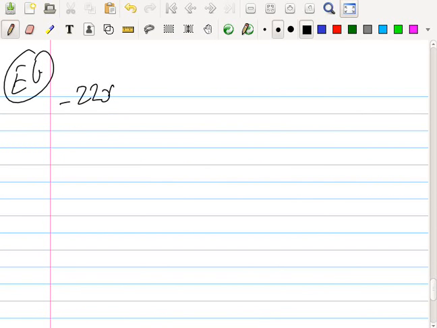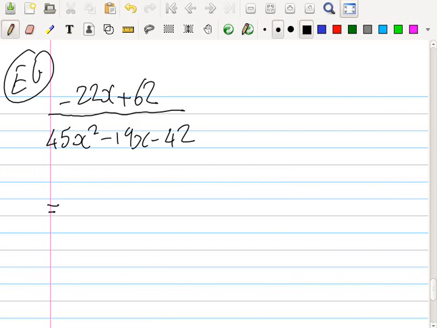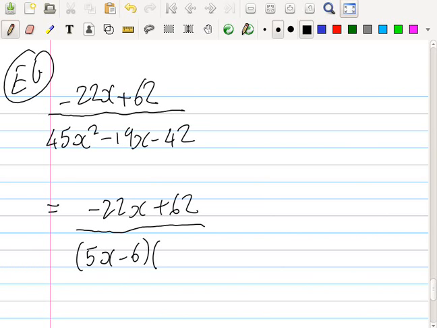Minus 22x plus 62 all over 45x squared minus 19x minus 42. That equals minus 22x plus 62 all over 5x minus 6 and then 9x plus 7.